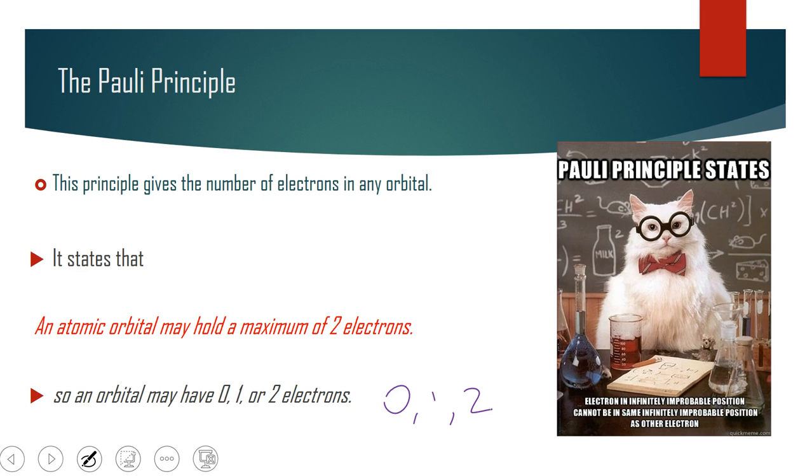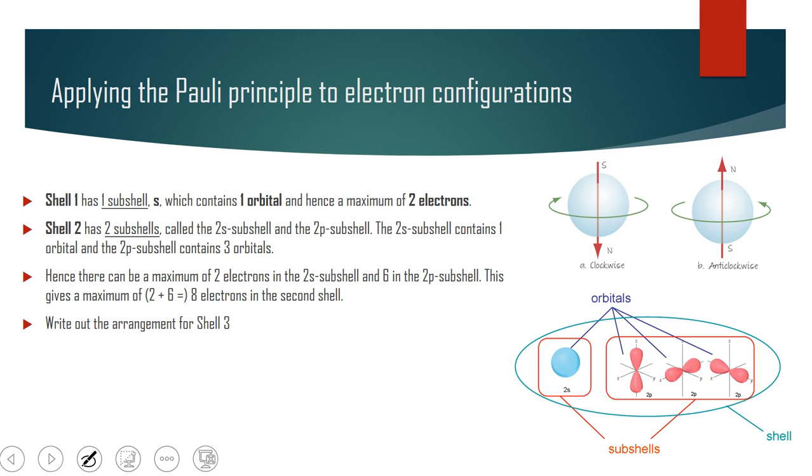So we can only have 2 electrons per orbital. This is because in the orbitals, electrons can either have what we call a spin up or a spin down orientation. No 2 things can be in exactly the same place at exactly the same time, but because they have opposing spins, there are 2 possibilities.